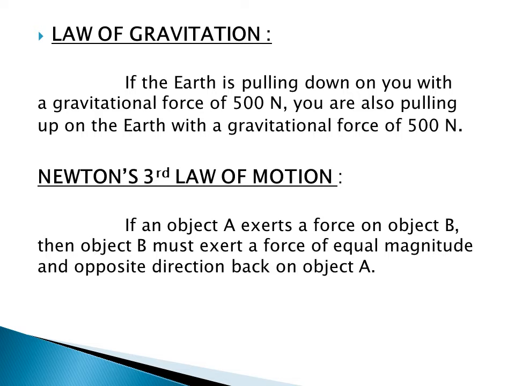If the earth is pulling down on you with a gravitational force of 500 Newton, you are pulling up on the earth with a gravitational force of 500 Newton. According to the third law of motion, if an object A exerts a force on an object B, then B must exert a force of equal magnitude and opposite direction back on object A.